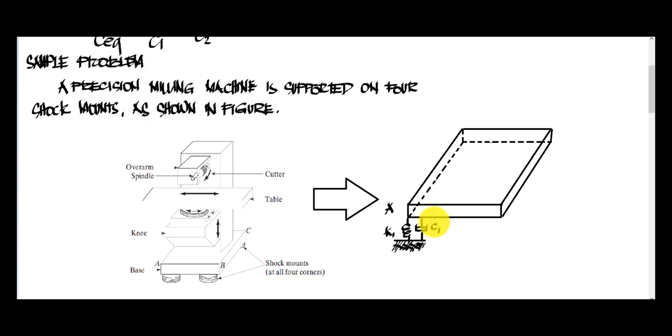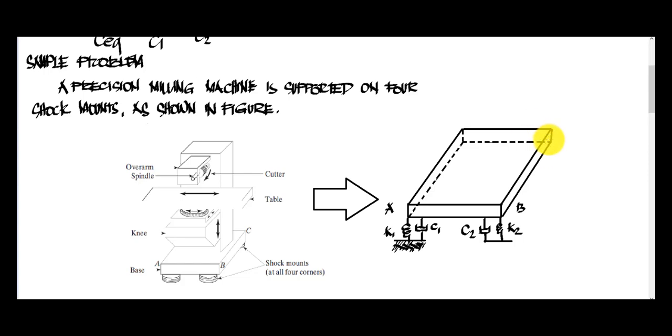Now for the other points, we have A, B, C, and D. This will be our B on this side. I'm going to draw again the spring, and then you have your corresponding ground. This is now our K sub 2. Then we have your damping symbol. This is the C sub 2.